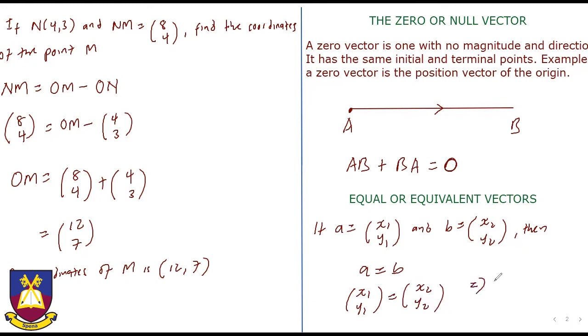In other words, x1 will equal x2 and y1 will equal y2. So two vectors are said to be equal or equivalent if they have the same magnitude and direction. The components are the same.